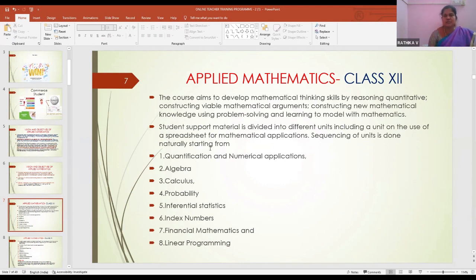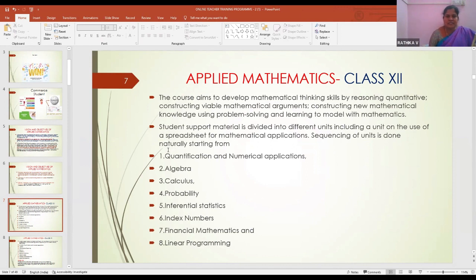But here only student support material is introduced by CBSE. Based on the topic, we have to go to extra reference books and give separate notes from that, because this is not sufficient. They themselves mentioned in the support material that we should not depend only on this. We have to take extra and prepare the students for the board examination.